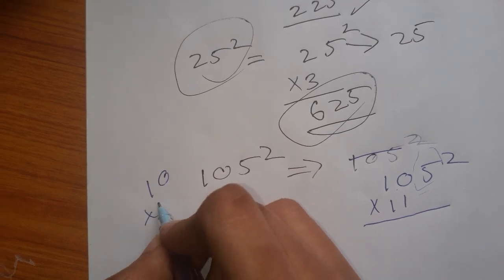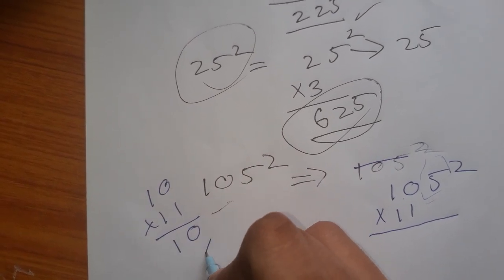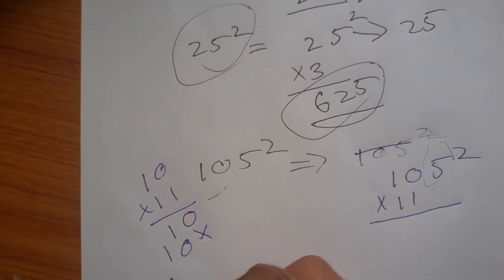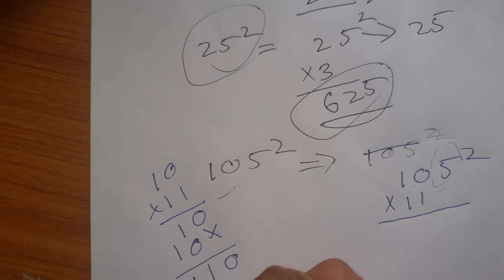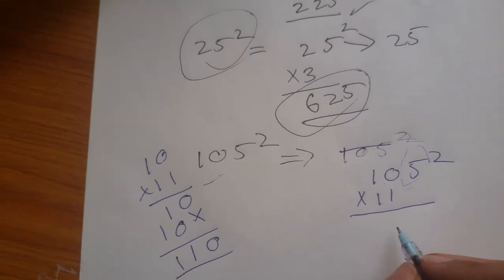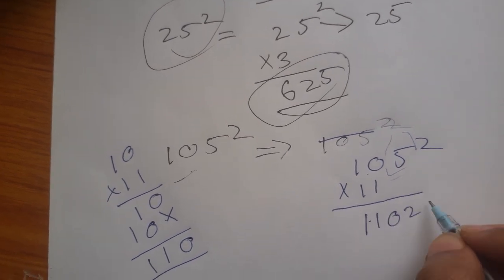10 into 11 is 110, right? We are getting 110, and the square of this 5 is 25.